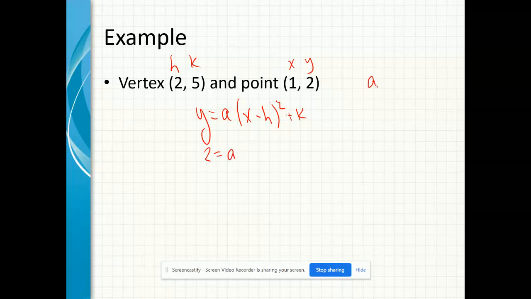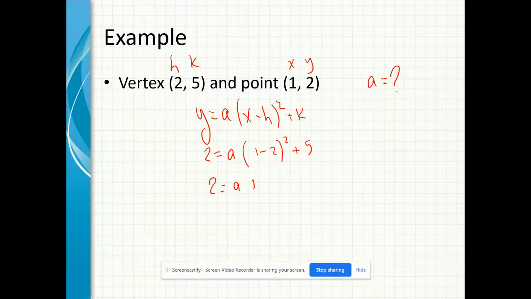Again, we don't know what a is. 2 equals a times (1 minus 2) squared plus 5. The only thing that can mess you up here is some order of operations, so just be careful. That's just 1. So a equals negative 3.